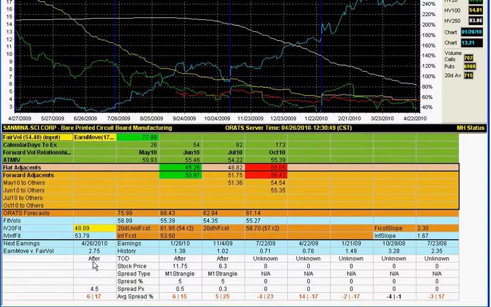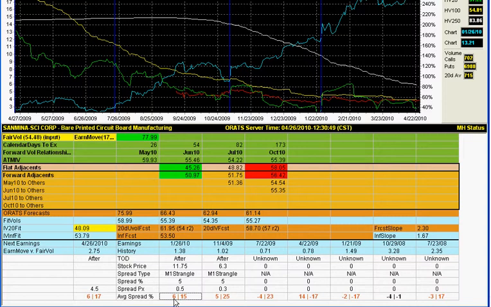So what we'll want to find is how much the stock's going to move around on the day of earnings. So we see that earnings is 4/26 after the close. So when we look at history, the last earnings was 1/26, and after the close we calculate the movement in percentage terms.